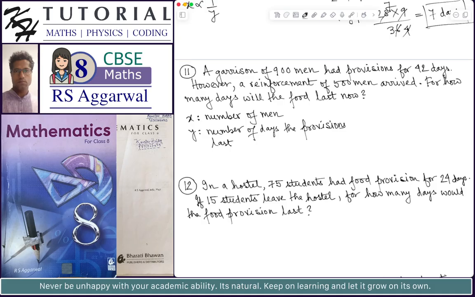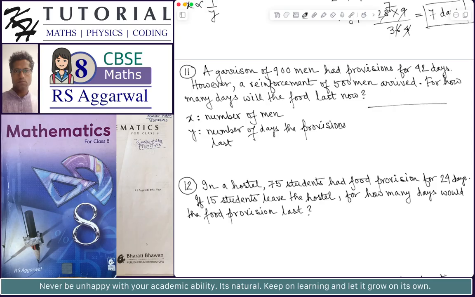It is given that 900 men can survive on that provisions, which is a constant amount of food, for 42 days. Now, however, a reinforcement of 500 men arrived, that is, an extra 500 men has arrived. So, for how many days will the food last now? So, we have to find how long will the food last when the number of men is 900 plus 500, which is 1400.